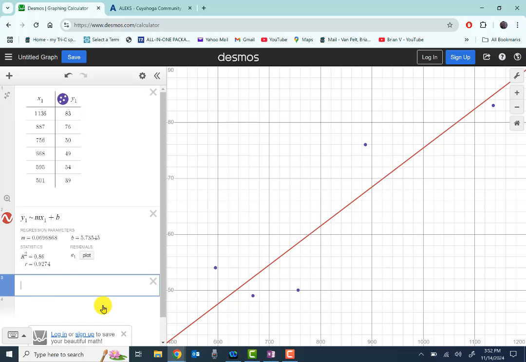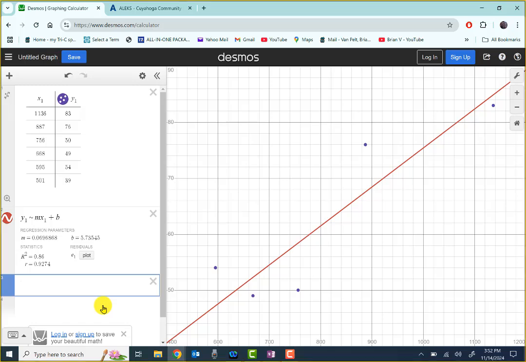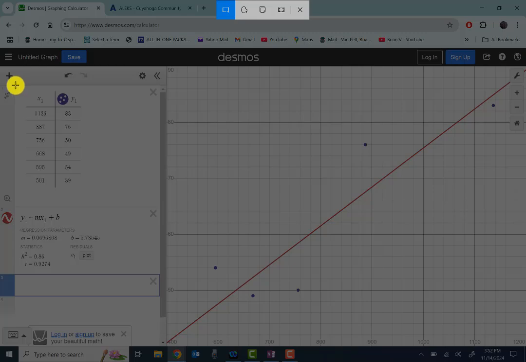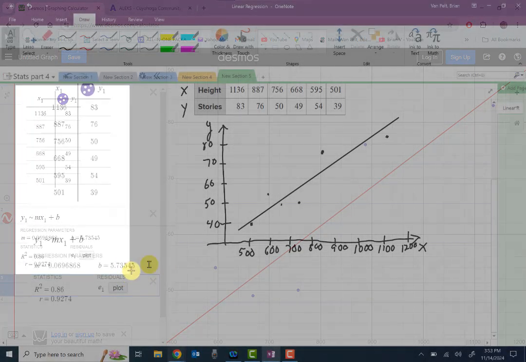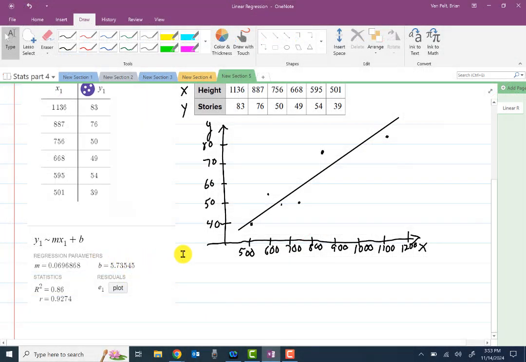So let me grab all of that stuff, and I'm going to bring it into our work area. Okay, so the b is a little more than 5. It looks that, so this line doesn't look too bad. So let me write the equation of this line up here then. We have y equals, the m is found down here.